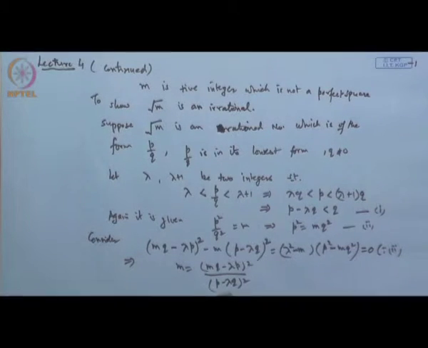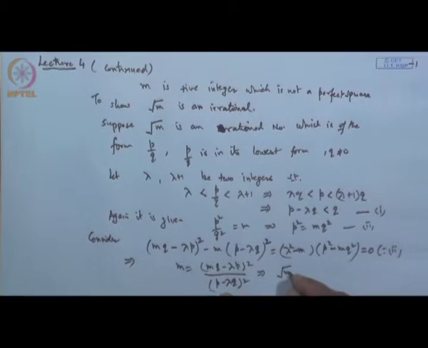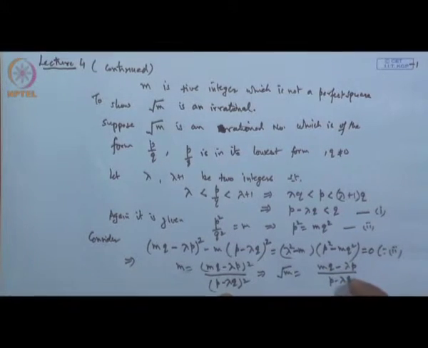So, root m will be of the form (m q minus lambda p) over (p minus lambda q), just taking positive roots.